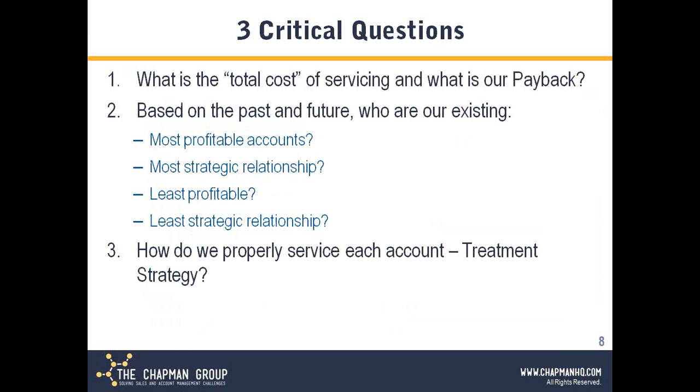There are three critical questions that we need to be aware of when we get into account segmentation. One is certainly the total cost of servicing and what is our payback. This ties back to what I was saying earlier about the whole trend or movement towards account-based costing, and to know exactly, even including cost of goods sold, what it costs us to service an account versus what revenue.